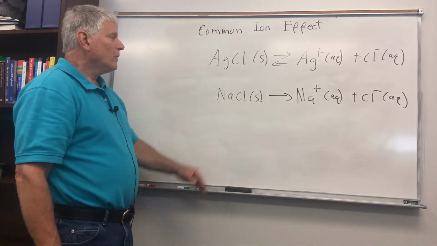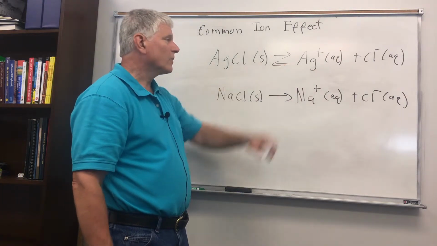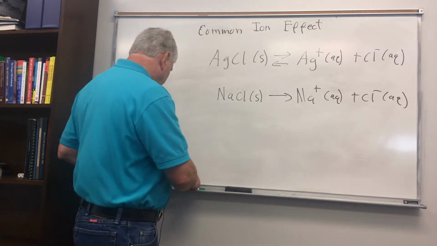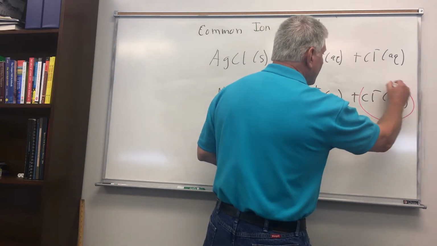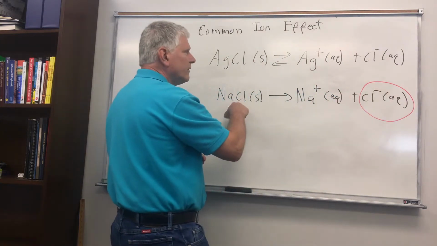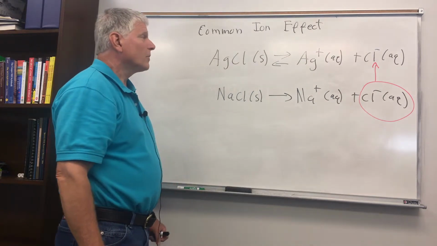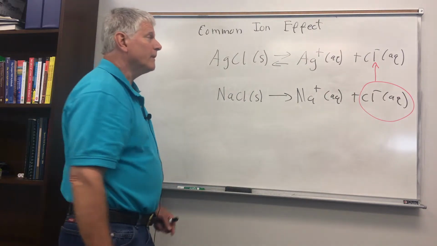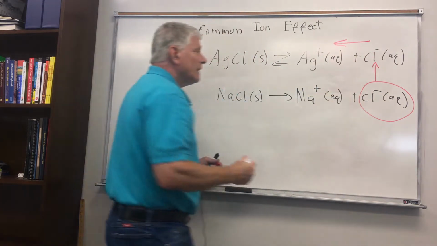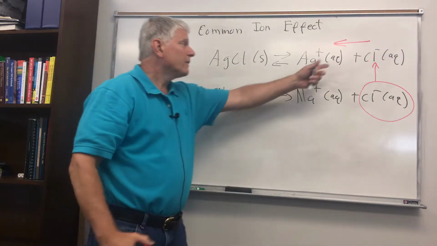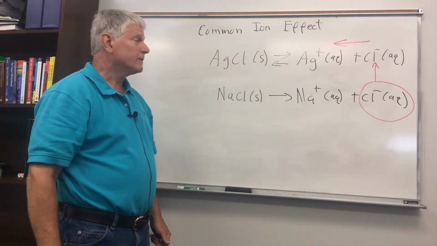So now, how will sodium chloride affect the silver chloride dissolution? Because you can see that we have chloride ion coming from the dissolution of sodium chloride, and that's a product in the silver chloride equilibrium, and therefore, since we're overloading product, that's going to drive the equilibrium back toward reactants from Le Chatelier's principle.